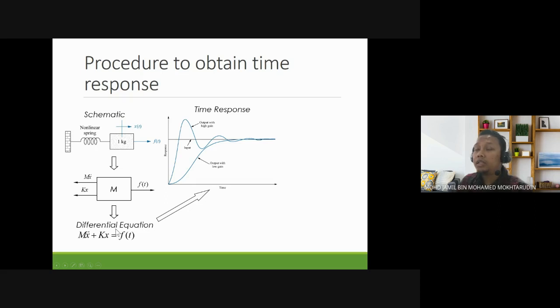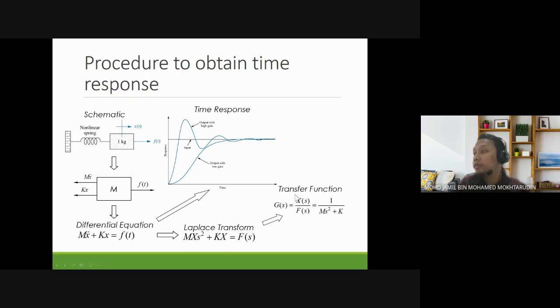But sometimes you might have an ODE that is difficult to solve for the time response. So you use Laplace transform to make it algebraic. Then you rearrange to get the transfer function, and you get a fraction, and you use partial fraction expansion to obtain the time response.